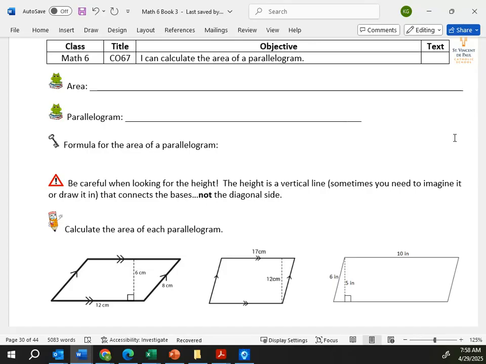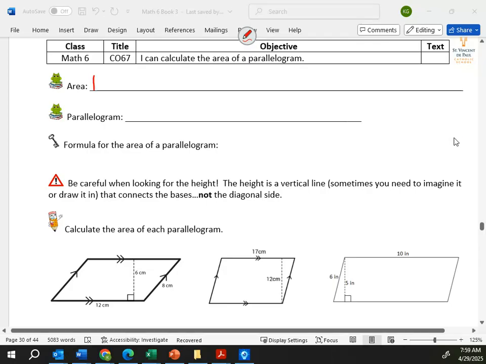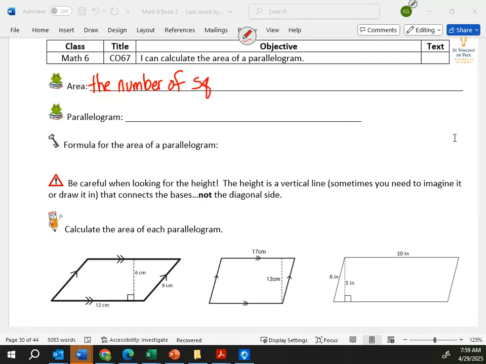So the area is the same definition we had yesterday. We keep rewriting it because it's that important to understand what area means. Area is the number of square units needed to cover a figure.